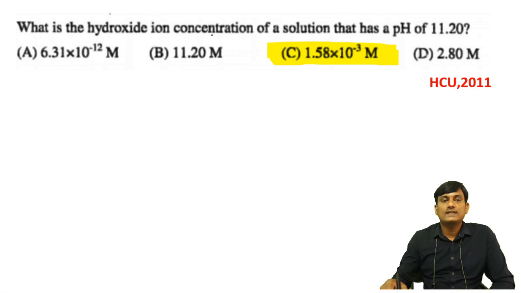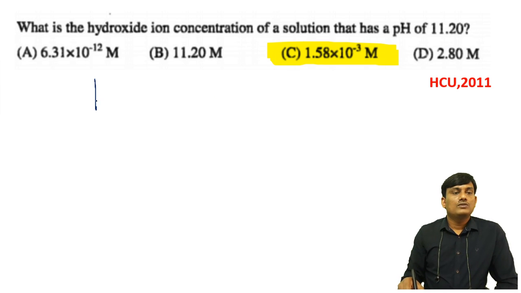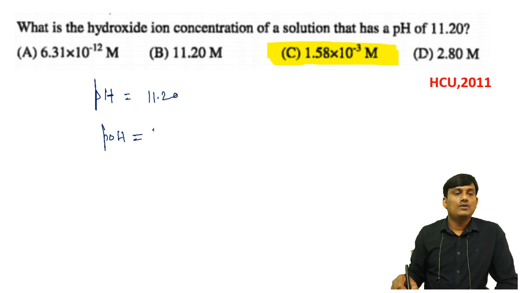What is the hydroxide ion concentration of a solution that has a pH of 11.20? pH is equal to 11.20 and pOH is equal to 14 minus pH.